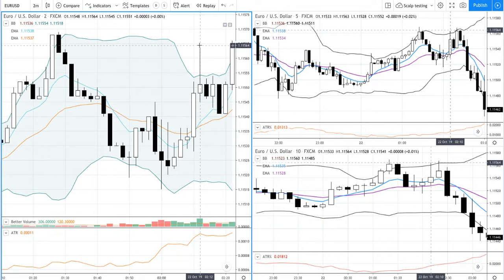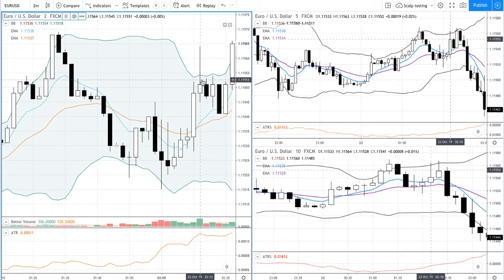So at this point, we place our stop 1 tick above here as usual.